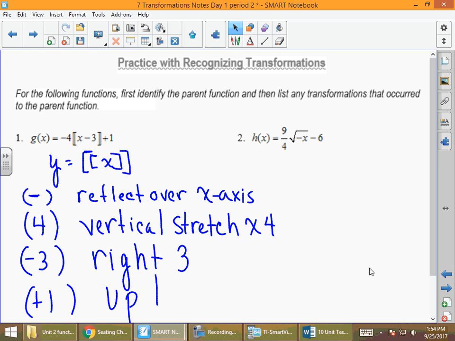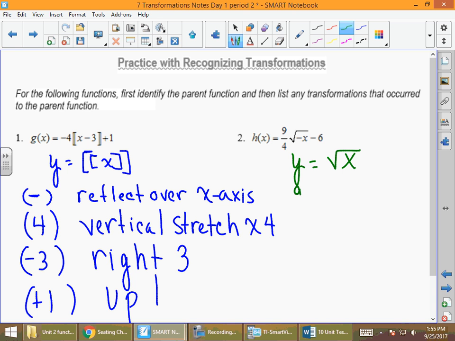If we look at number 2, h of x equals 9/4 times the square root of negative x minus 6. What's our parent function? Well, it's the square root of x. And in this particular equation, we have 3 transformations occurring. The first transformation is coming from the 9/4, which is outside of the function.